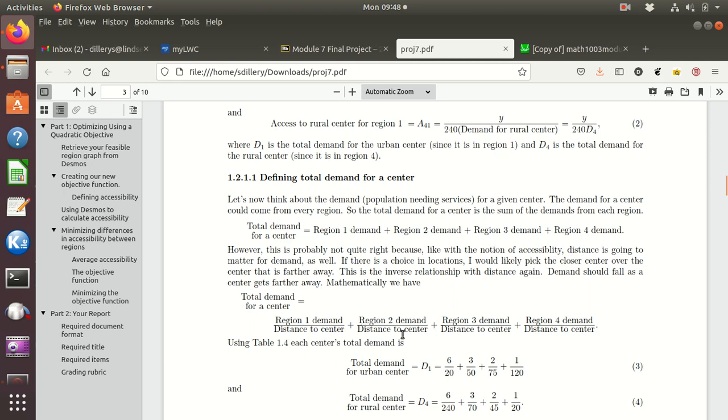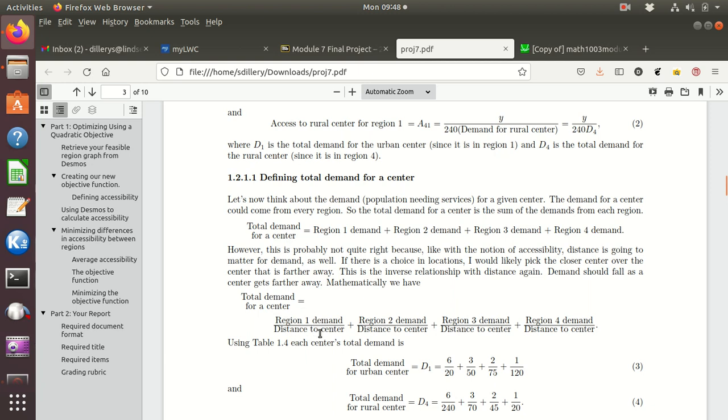Because of that distance again. And so what those authors did was they defined the total demand for a given center as the region demand divided by the distance to that center.